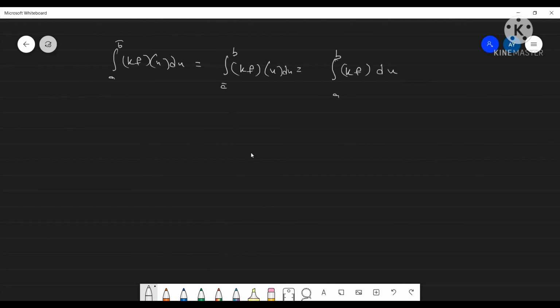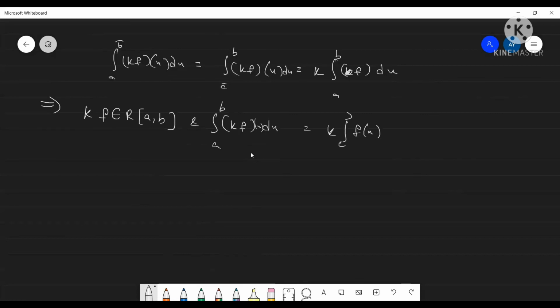Take this k outside, so this will be k into integral a to b f of x dx. This implies kf belongs to R over a, b, and integral a to b kf dx is equal to k into integral a to b f of x dx. This is true only when k is greater than or equal to 0.